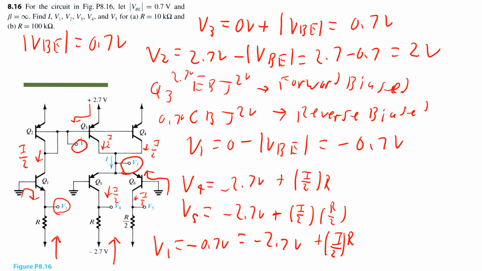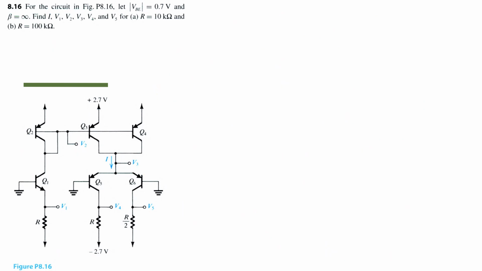Now if I move this negative 2.7 volts to the other side, that would make I over 2 times R equal to 2 volts. Or I could say, if I multiply this 2 in the denominator to the other side, IR is equal to 4 volts. So now I have an expression for IR, and I should be able to use this to solve for V4 and V5. So let's leverage this expression, IR equals 4 volts, to solve for V4 and V5.